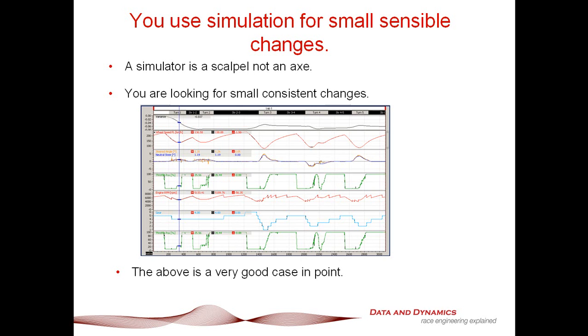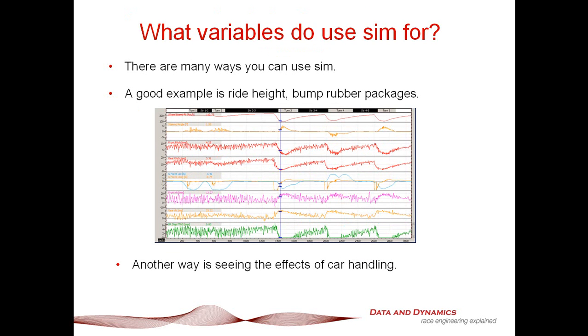Now, what we see here is that our variance is varying very, very slowly. That's an example of a very good change. And where you know the simulator's throwing you a furphy is when you see a big change. So, what variables do you use the simulation for? Well, you use it for an awful lot of variables.